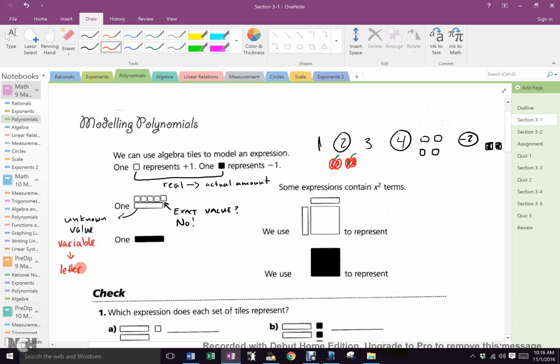Everybody knows that already, right? So since this guy is unshaded, he must be positive X. Right? So what then must this guy be? Negative X. Now, as I said earlier today, if you can count, you can do this unit. How would you draw 3x?